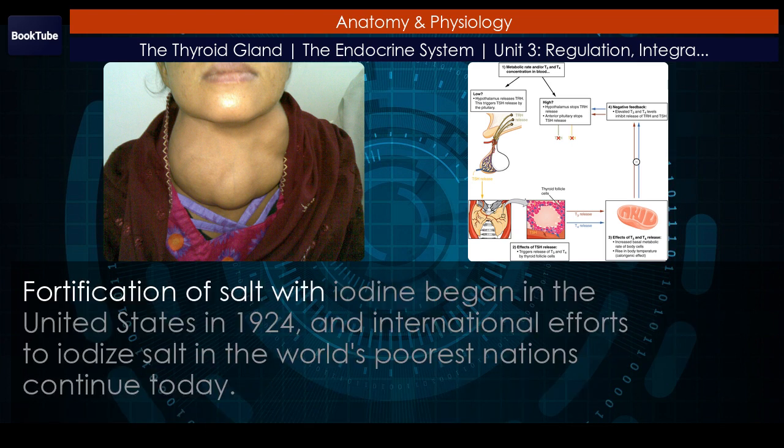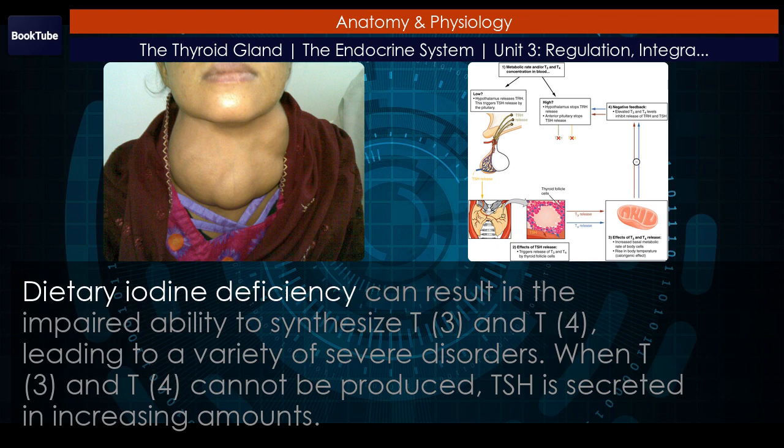Fortification of salt with iodine began in the United States in 1924, and international efforts to iodize salt in the world's poorest nations continue today. Dietary iodine deficiency can result in the impaired ability to synthesize T3 and T4, leading to a variety of severe disorders.